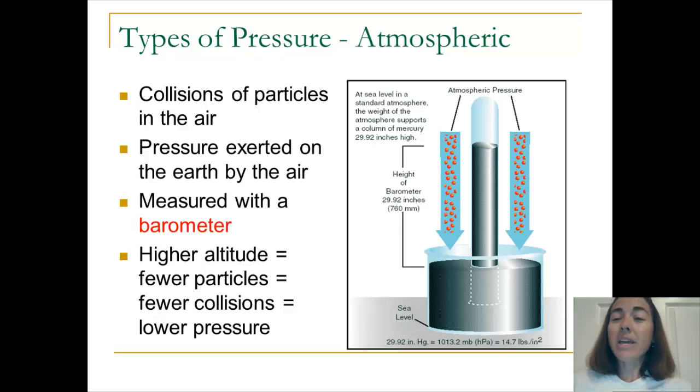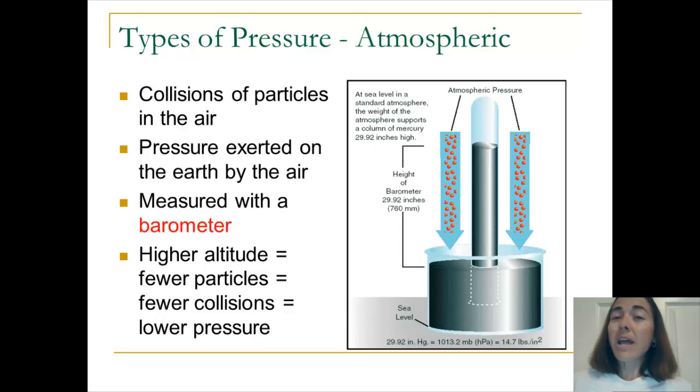The way it works is that the atmosphere above a liquid like mercury collides with the surface of the mercury and collides with one another in the atmosphere. That atmosphere pushes down on the mercury and forces it up into that tube. The height of that column is how the pressure is measured. So when the weatherman talks about high pressure, the height of that mercury column is larger than if there's an area of low pressure, when there's less collisions.